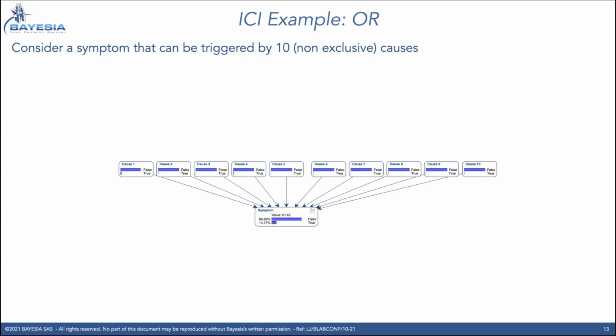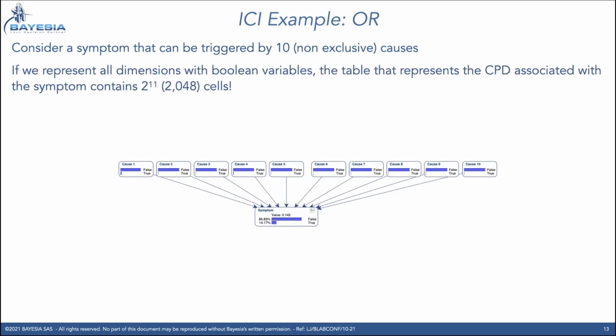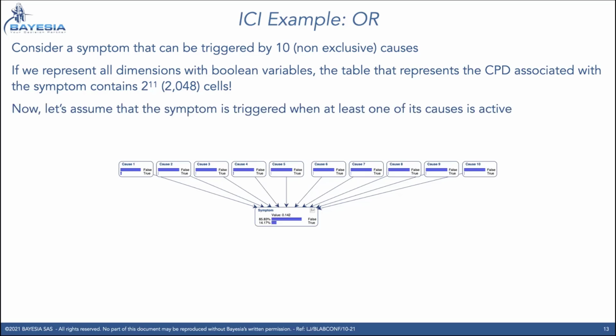And the idea is that we're going to consider that this symptom can be triggered by any of these 10 causes. If we represent all dimensions with these Boolean variables, then given that I have 10 parents, I'm going to end up with 2,048 cells, right?